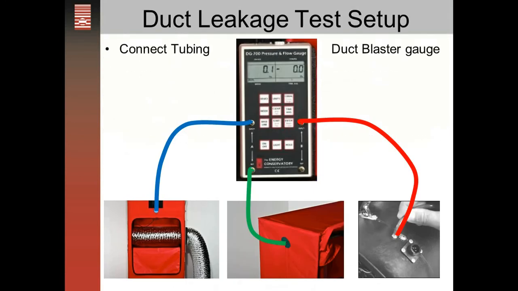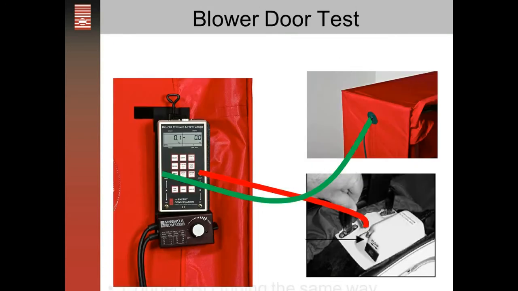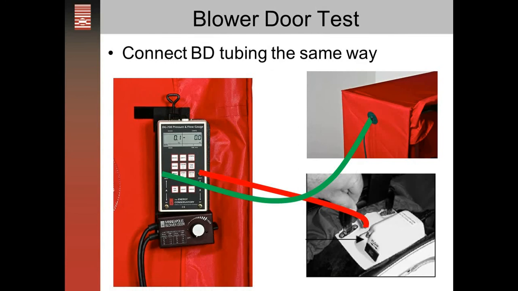We'll connect the tubing on the Duct Blaster gauge the same as we did for a total leakage test. Remember, we've got the duct pressure with reference to the house on channel A, and then we've got the fan pressure at the flow sensor of the fan connected on the input on channel B. And the blower door will have that tubing connected the same way.